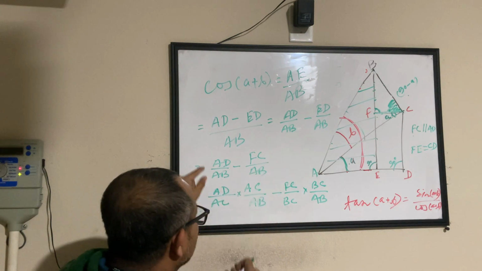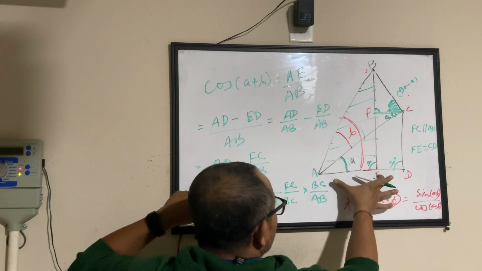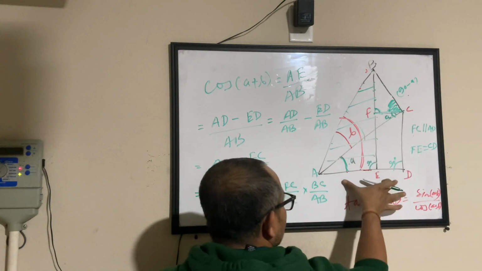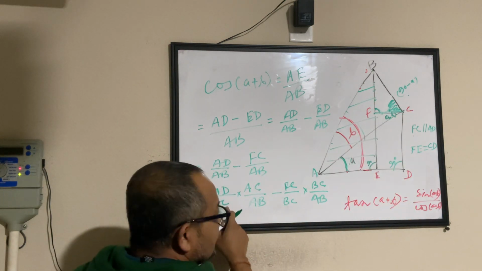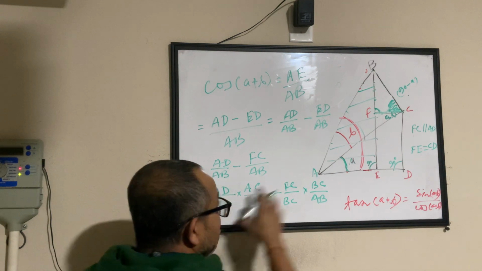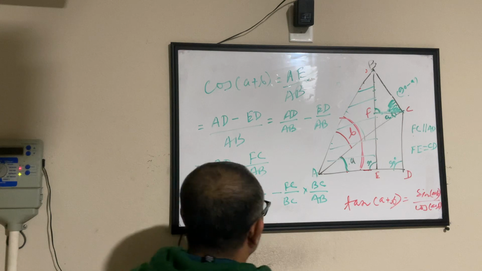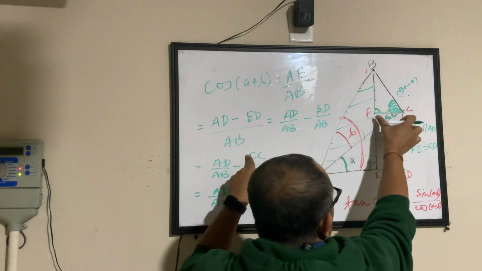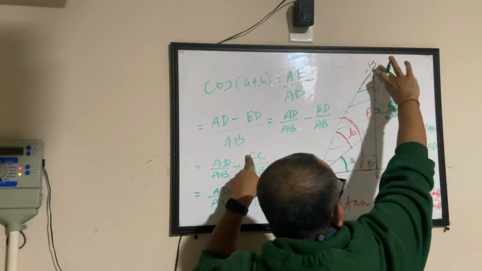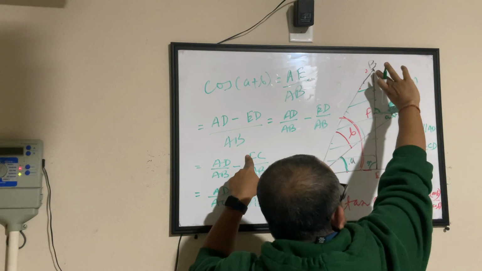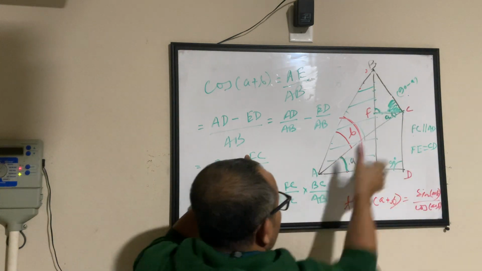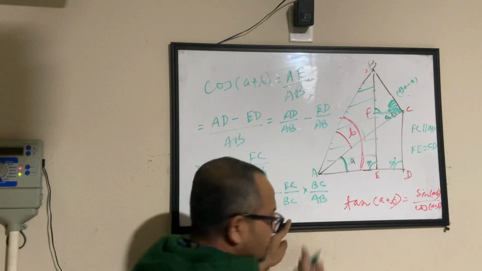It doesn't exist by itself. AD is this, part of this triangle, so this divided by this gives me something with SOHCAHTOA. If I'm dividing by AC, then I have to multiply by AC also, so the value doesn't change. Similarly here, FC is part of this triangle, so FC by this gives me something with SOHCAHTOA. Since I'm dividing by BC, I have to multiply by BC also.